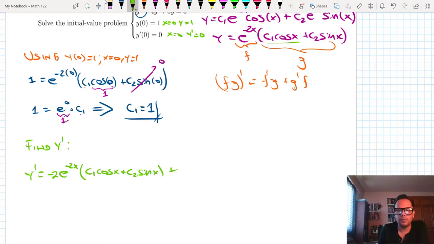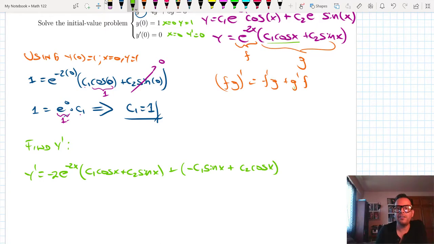So negative c1 sine x, oh, actually not cosine, it should be sine, negative c1 sine x plus c2, the derivative of sine, which is cosine x.